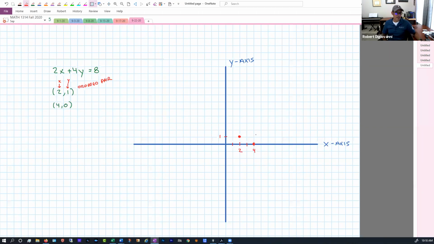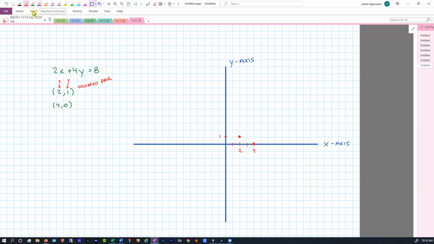Let's see if we can find another answer to get a better picture of what all these solutions look like. Can somebody give me an X and a Y that would work here, just by looking at the equation? 0, 2.